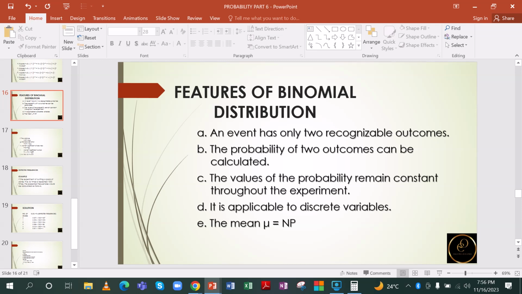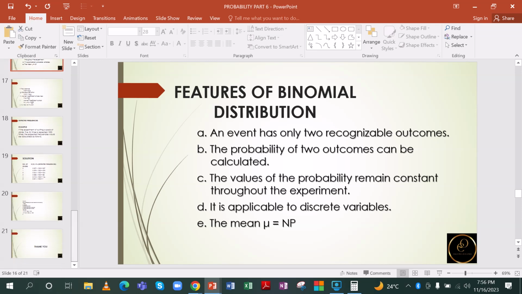For instance, for the experiment involving 5 trials where you are trying to get a spade as success and a non-spade as failure, the probability of success, a spade, is 1/4. How many trials are there? There are 5. So for the mean, you multiply 5 times 1/4, or 0.25. That will give you the mean.